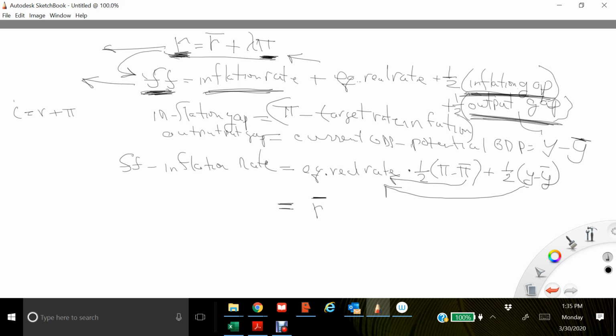Okay, and as any component of the equilibrium real rate, the target inflation rate, or the output gap changes, that's going to cause a shift in our monetary policy curve.